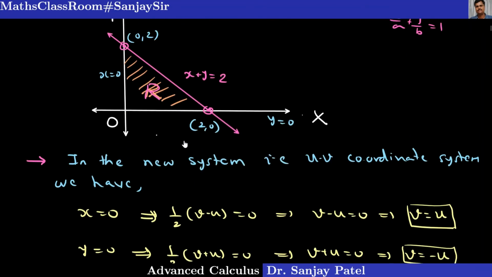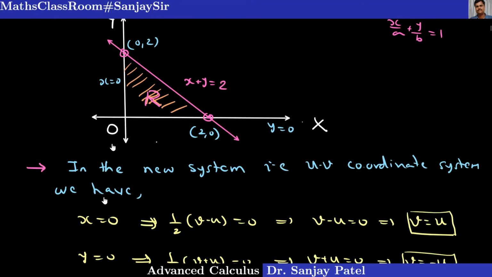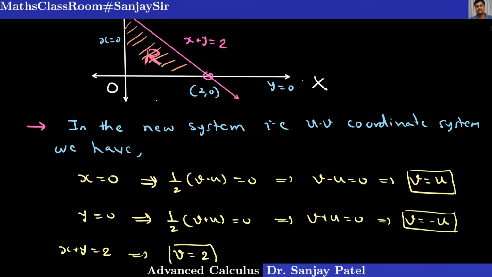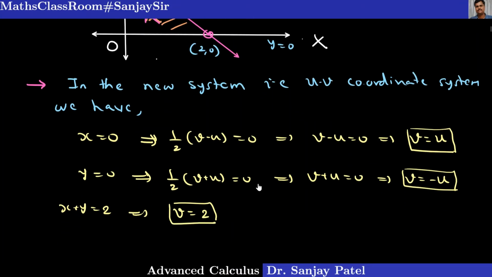Remember, x equal to 0 is transformed into the line v equal to u. The line y equal to 0, that is the x-axis, is transformed into the line v equal to minus u, and this line x plus y is equal to 2 is transformed into v equal to 2 because of our substitution.